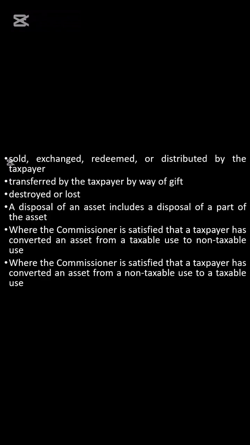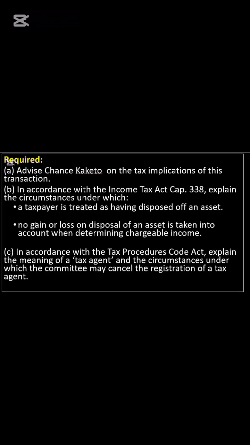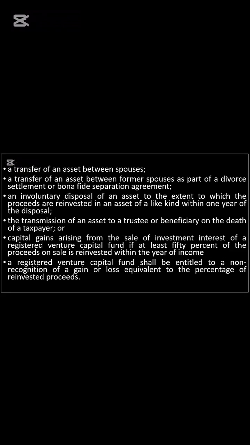Then conditions. E2, circumstances under which no gain or loss on disposal of an asset is taken into account when determining chargeable income. One, if it is transferred to a spouse. You gave a motor vehicle to your wife.